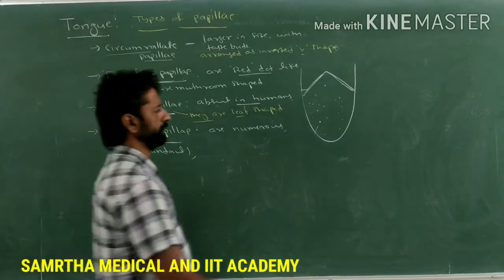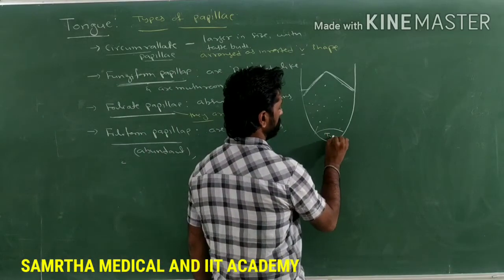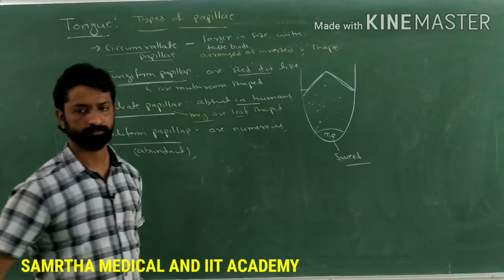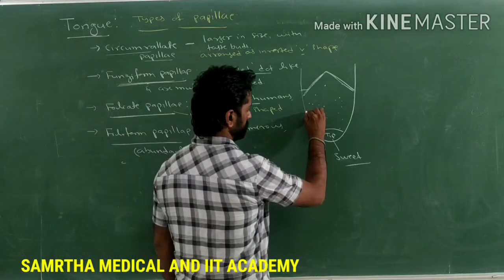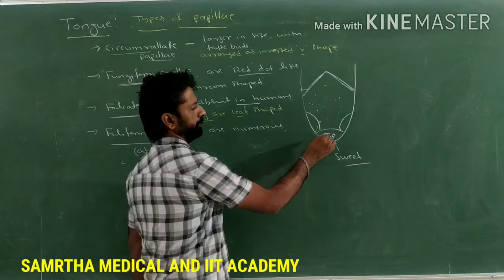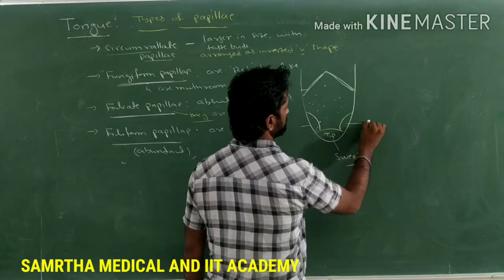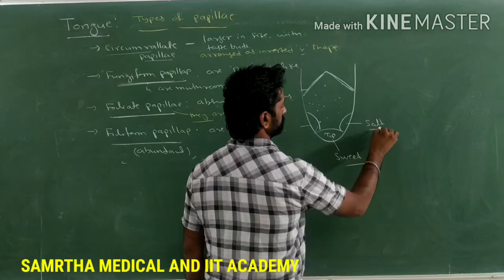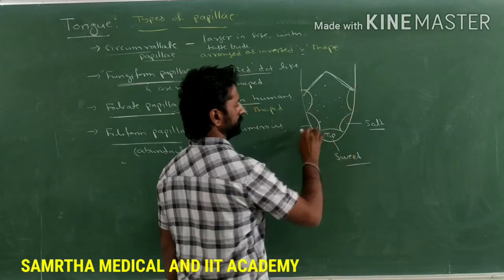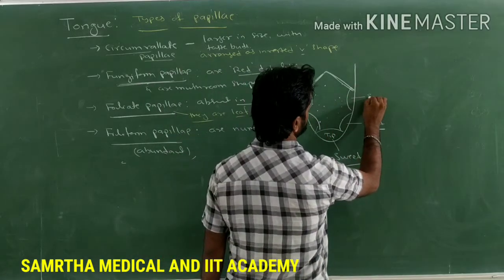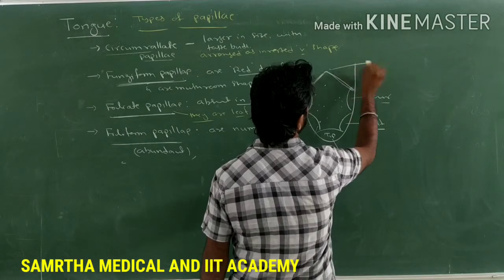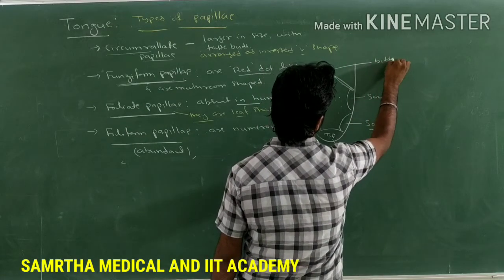See here, the tip of the tongue is meant for tasting sweet, and the sides of the tongue behind the tip are meant for tasting salt, and the sides of the tongue are meant for sour taste, and the base of the tongue is meant for tasting bitter.